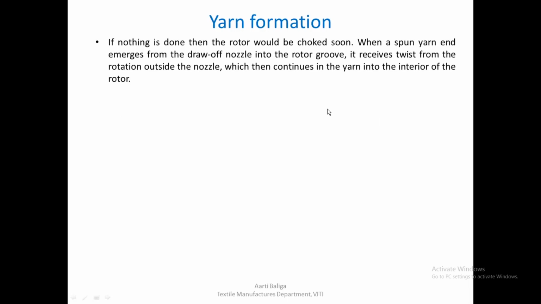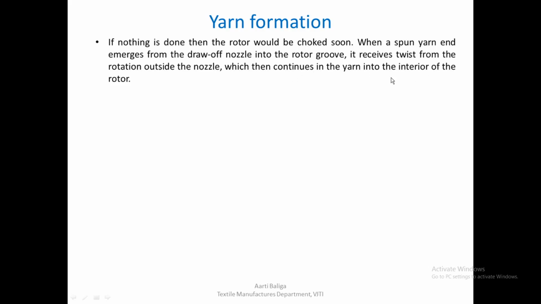So how does a yarn get formed here? If nothing is done, suppose we just let the fibers into the rotor and leave it there, after some time the fibers will collect there and soon the rotor will be choked. So what we do is, we let a spun yarn end enter through the draw off nozzle into the rotor groove. It will receive some twist from the rotation outside the nozzle, as we just saw, which then continues into the yarn in the interior of the rotor.